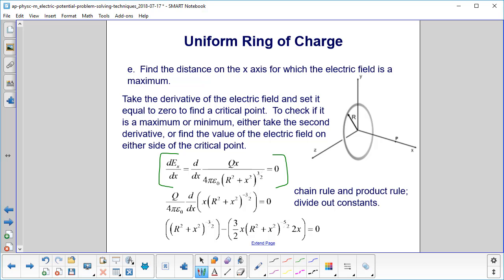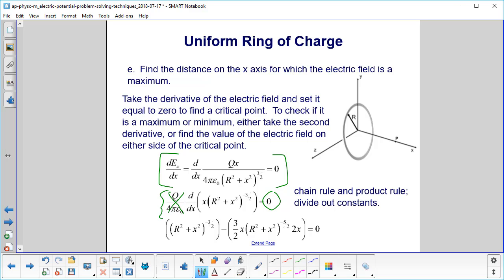You factor out the constants, then we have d by dx of x times parentheses r squared plus x squared raised to the negative 3/2. We're going to use the chain rule and the product rule to evaluate that derivative. But first thing we'll do, we'll divide both sides of the equation by the constant. And since we have 0 over here, that just goes away.